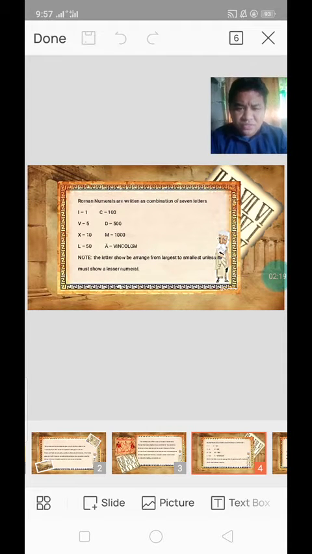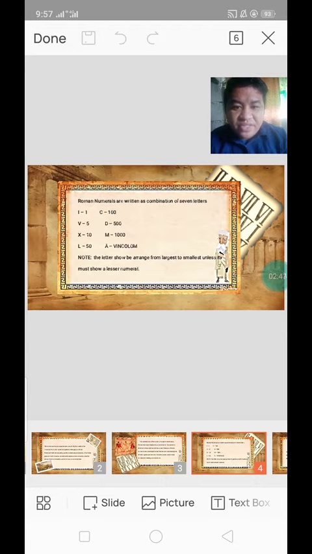The Roman numerals are written as a combination of 7 letters: I, V, X, L, C, D, M, and the vinculum. I is equivalent to 1, V is 5, X is 10, L is 50, C is 100, D is 500, M is 1,000.